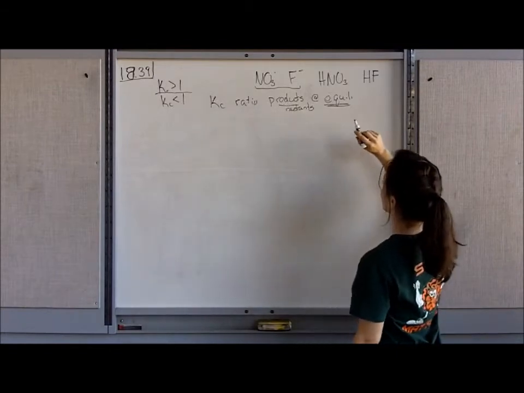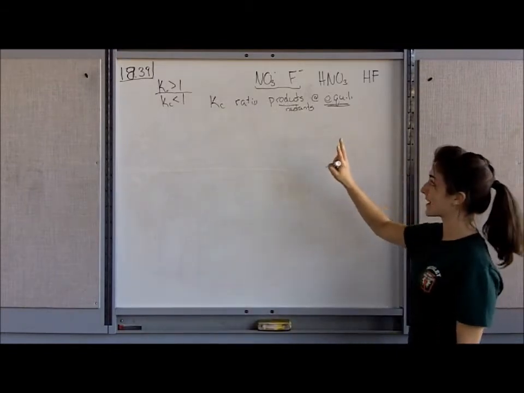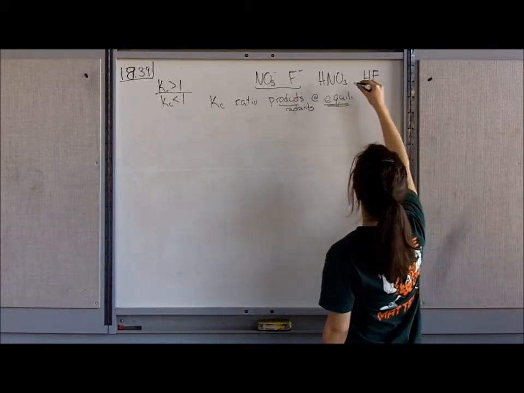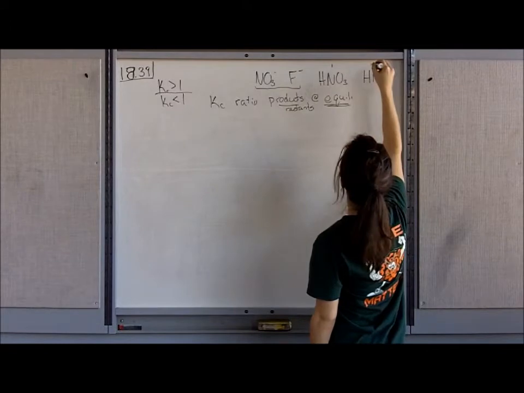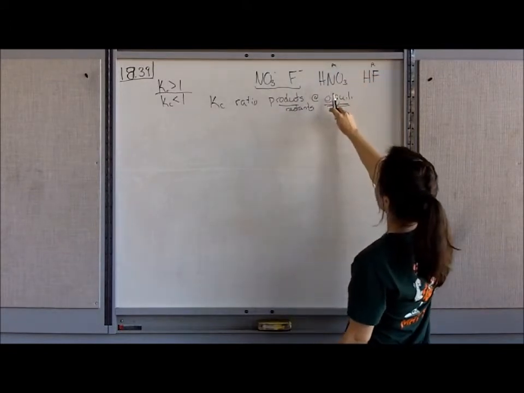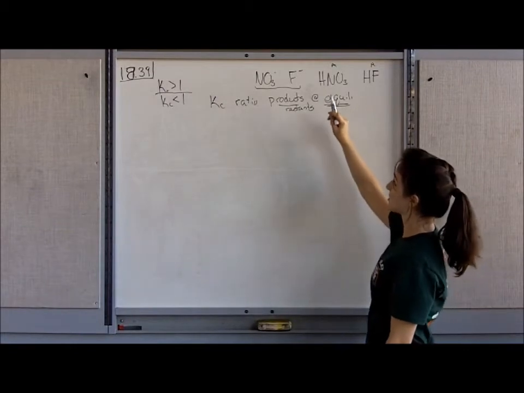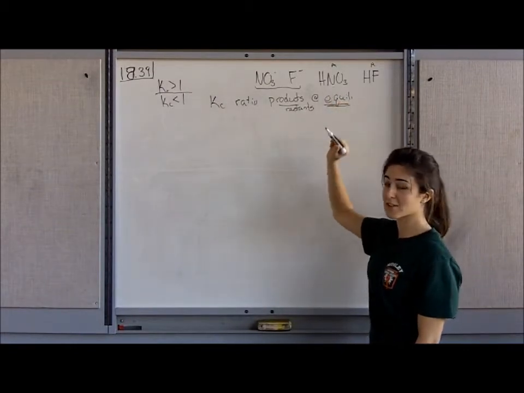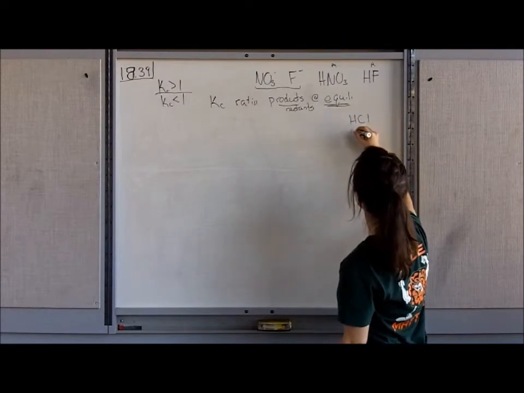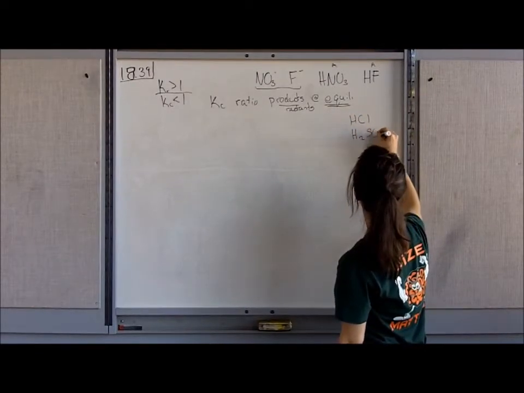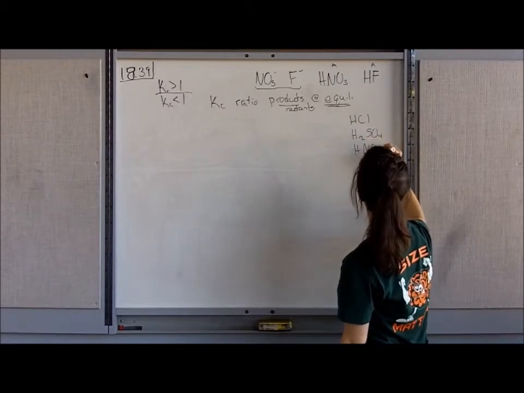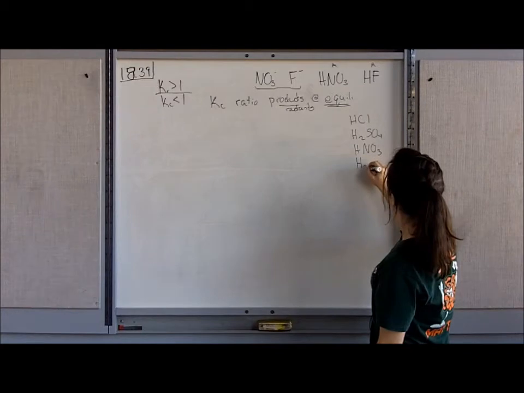Now to do that, we need to find two reactants that will react greatly with each other. When we look at our species, we see that we have an acid and an acid. And we should know from our studies of acid-base chemistry that HNO3, nitric acid, is a very strong acid. It's one of the strong acids such as hydrochloric acid, sulfuric acid, nitric acid, and the hydronium ion.